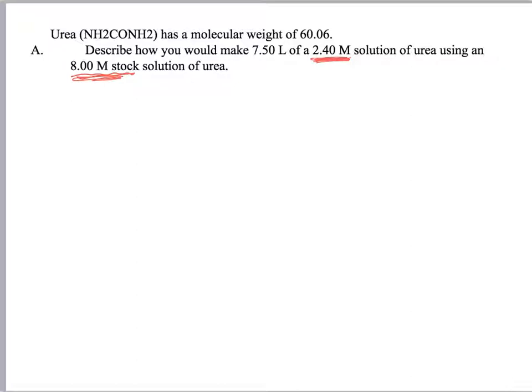So let's look at this. But as I said the last time, when you're making a solution of defined concentration, the most important thing is how many moles of solute do you need? So again, we want a solution that's 2.40 moles of urea per liter of solution. And we want to make 7.50 liters of that solution.